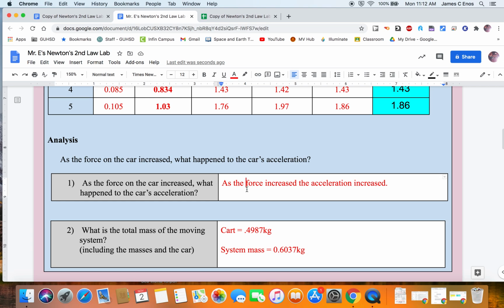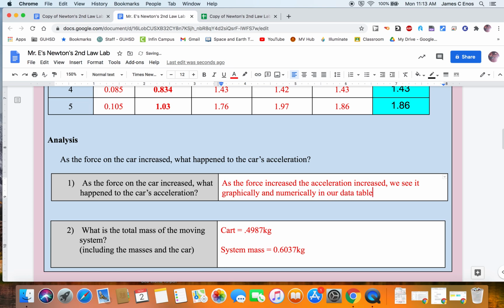On this very first one, as the force increased, what happened to the car's acceleration? Well, we know that as the force increased, the acceleration increased. We can see it graphically, and we also see it numerically in our data table.